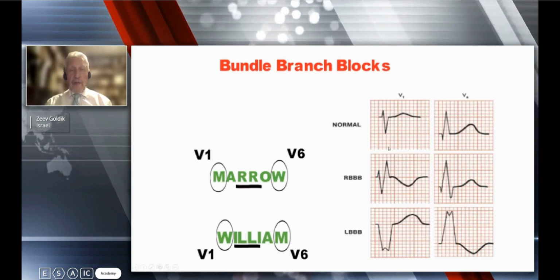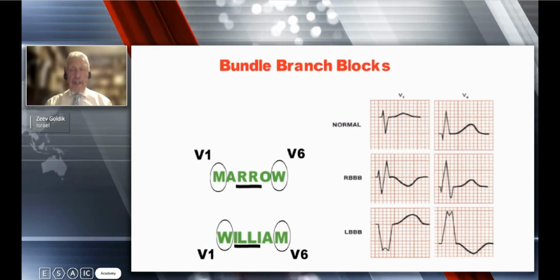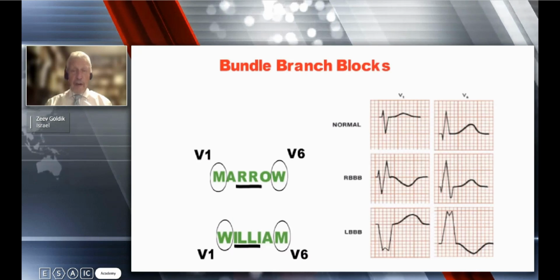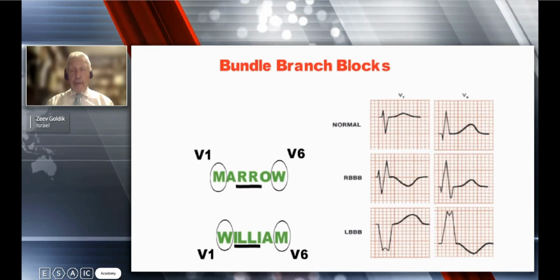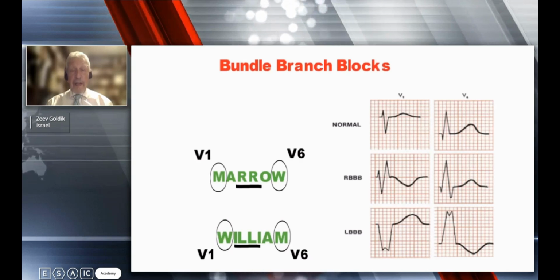So, if you compare the normal QRS complexes in V1 and V6, these are the leads we have to look at. Compared with the normal ones, you can see at the second square here, a right bundle branch block.